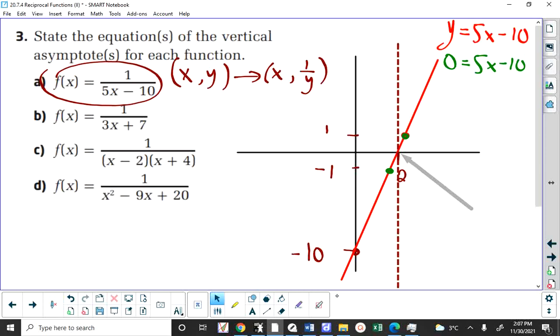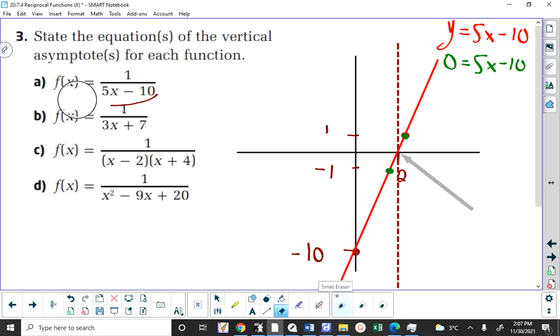Question 3 said, determine the equation of the vertical asymptote. Well, the equation of the vertical asymptote for question 3a is x equals 2, because that's where the bottom of the function equals 0. The bottom of the function is 5x minus 10.